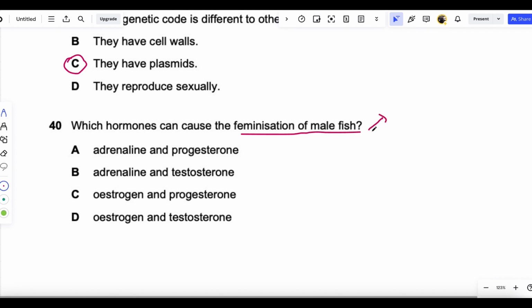The estrogen, these are the hormones in the female, right? I write O for estrogen and P for progesterone. Testosterone is for male. Although it's a male fish, they say feminization, to change the male fish to female fish. So it says C, estrogen and progesterone hormones, which will be responsible for that characteristic.